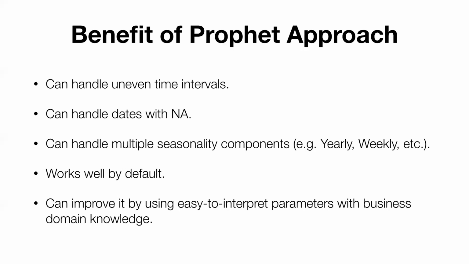But here's a cool thing. You can improve on the default setting. The default setting is great, but if you have business domain knowledge, such as holidays, these are the dates that are very special for our business, you can bring that knowledge into the model.